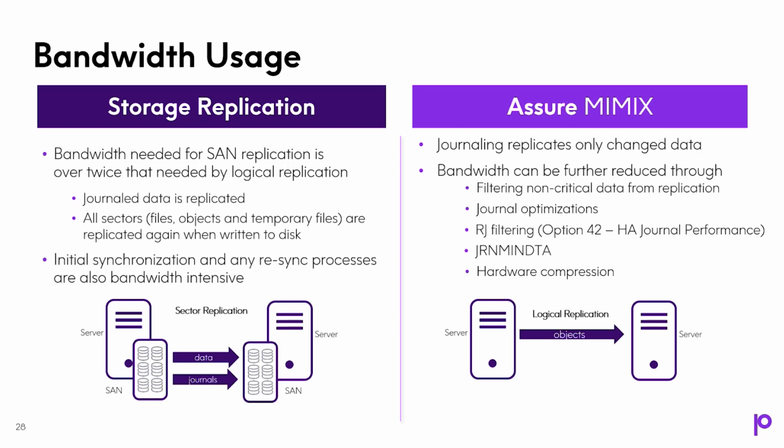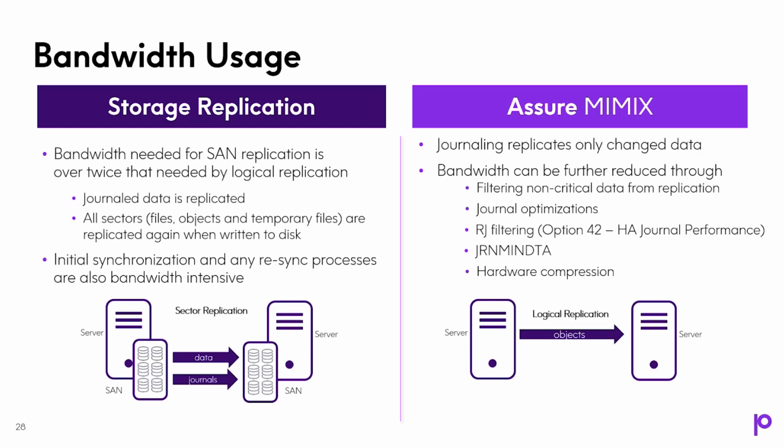Not only that, remember I said those 4K sector sizes. Well, when you write to the journal, that's a 4K sector size too. So you're transmitting all that. Basically, if you even think about making a change, you're replicating a 4K sector, right? So you can see pretty easily how storage replication requires much more bandwidth and is more network intensive. If you compare it to Assure Mimics, it's just the journaling that gets replicated across the network when objects change, right?